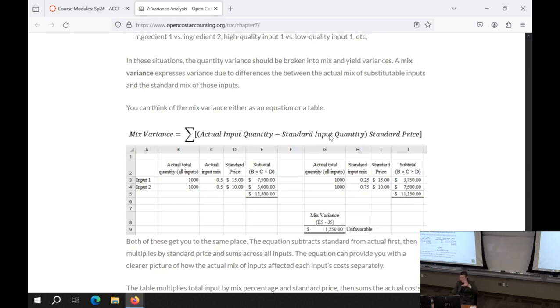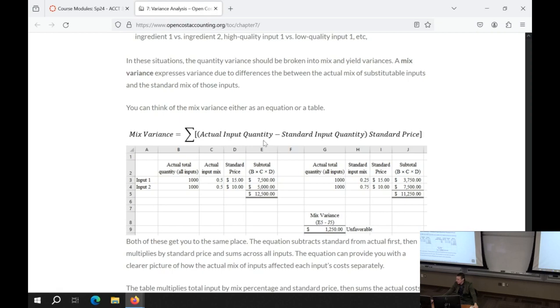The standard was 5 tenths, half of the gallon, so 0.5 gallons was supposed to be the standard quantity for our expensive input. Actually, we had 0.7 gallons of input for that. And we multiply that by the standard price, which is high for that input. And then we do this summation. If you haven't seen Sigma before, I haven't seen it in a long time, this is summation. So we go through each of the different inputs and we sum them.